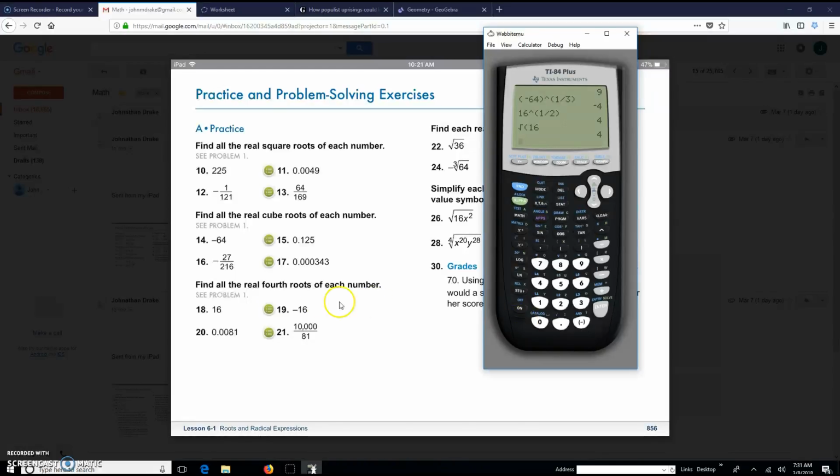Okay. Number 16, we have 27 over 216, again, it's negative. You just bring the negative out front, and then we can take the cube root of 27. Didn't have to put that in parentheses, but that's why I have to put that 1/3 in the parentheses. Always do that. And I got 3. Well, let me just show you works with a negative 27.